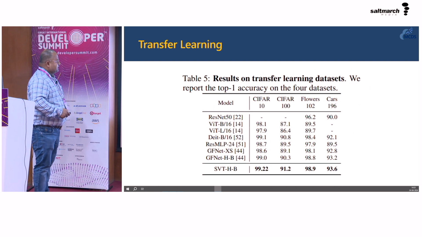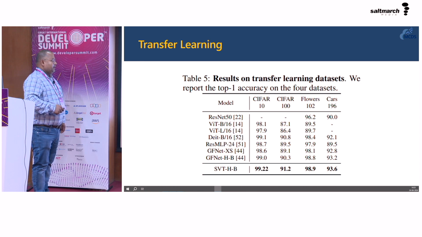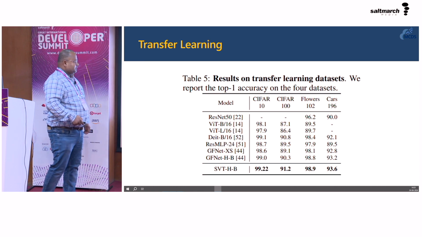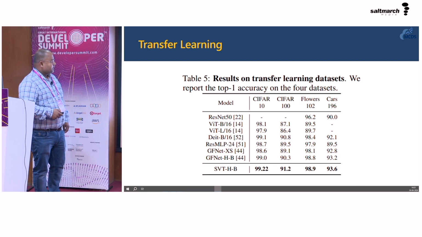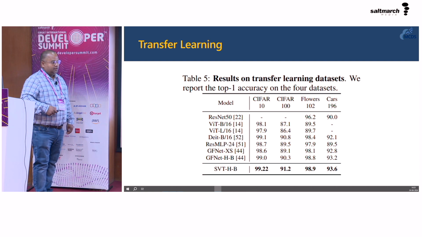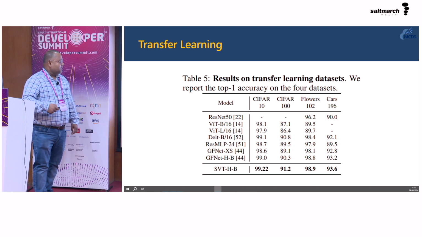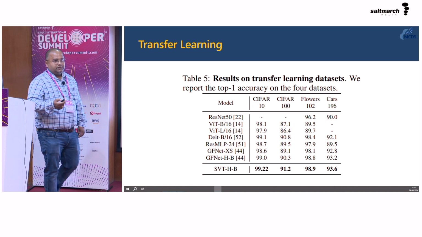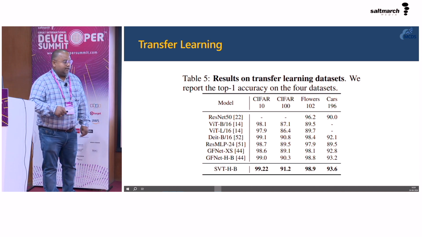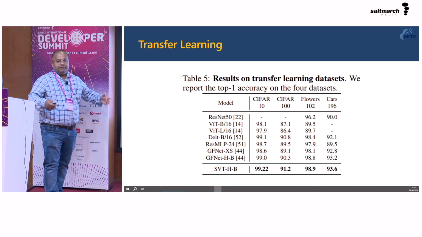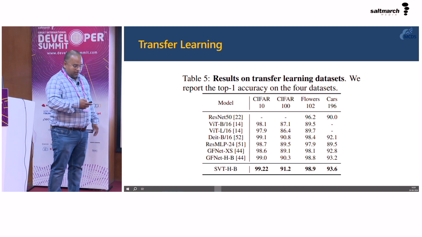Then, as I discussed, the transfer learning task: we took the pretrained model and fine-tuned it on datasets like CIFAR-10 and CIFAR-100 and flowers, and it is state of the art. You can use any kind of downstream dataset or task. You can take a backbone model, SVT, and fine-tune it with just the required fine-tuning cost instead of training from scratch.